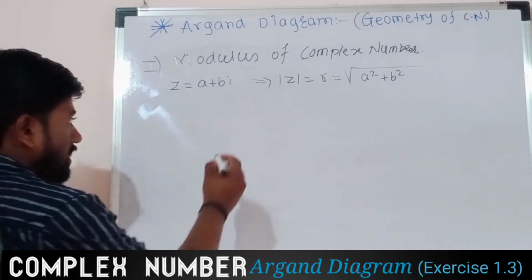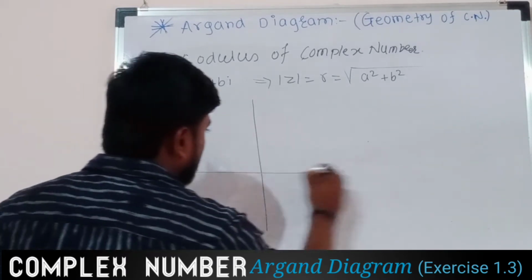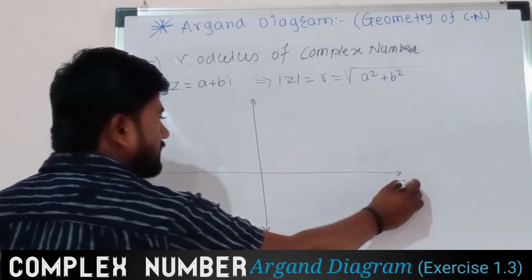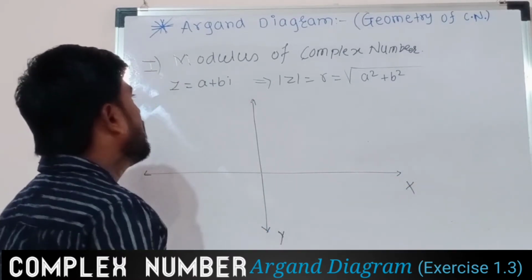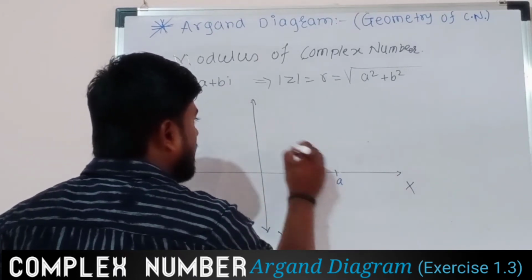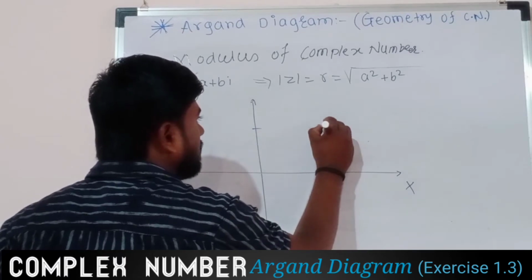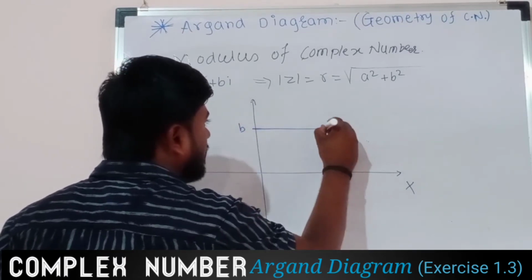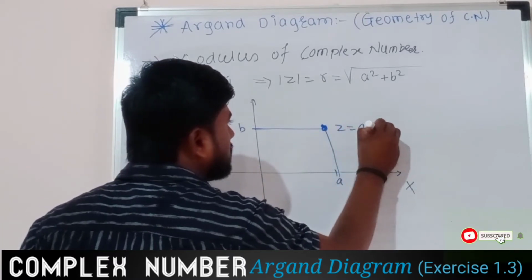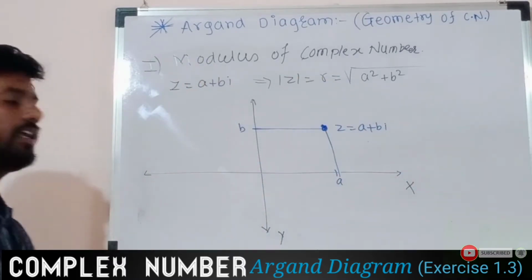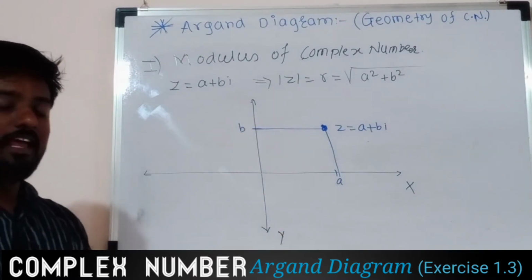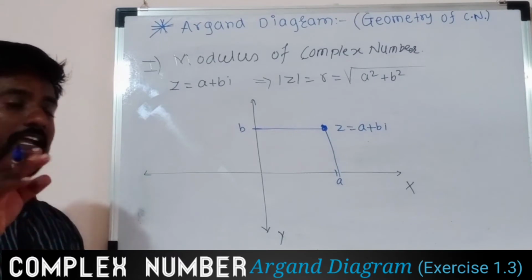Suppose this is the x-axis, this is the y-axis, and for a plus bi suppose here it is a and here it is b. Their intersecting point is here. So z equals a plus bi. Now I will tell you what mod z is.